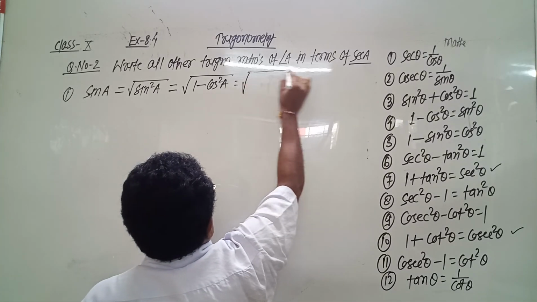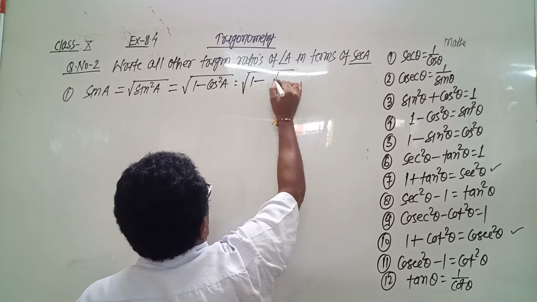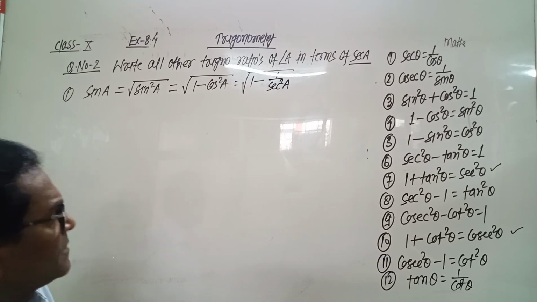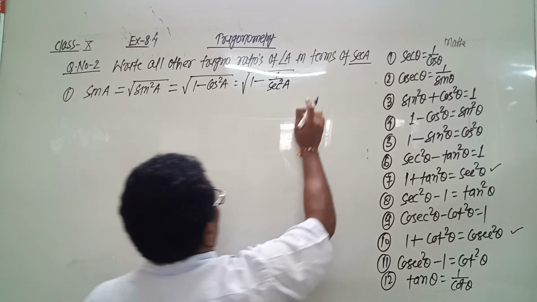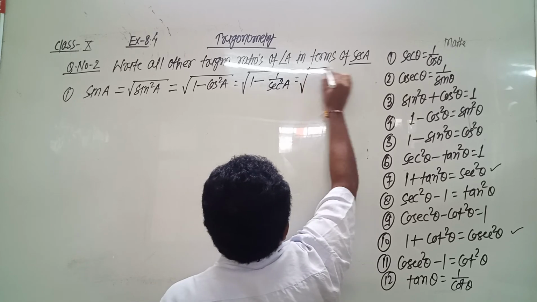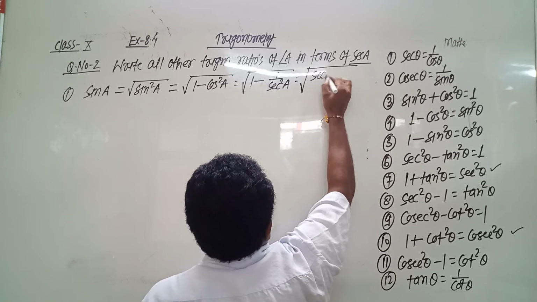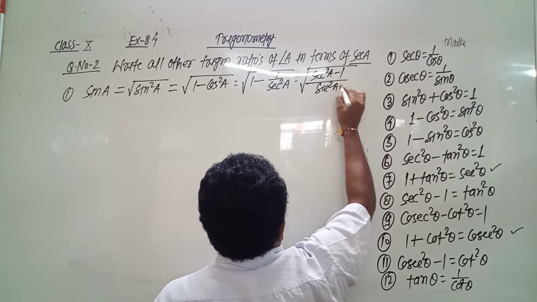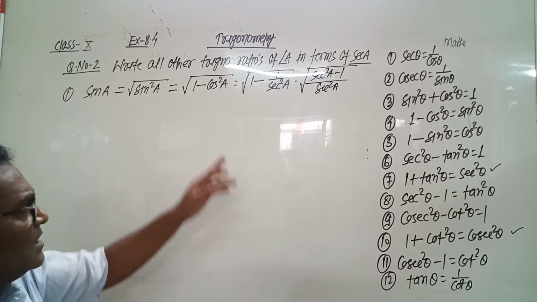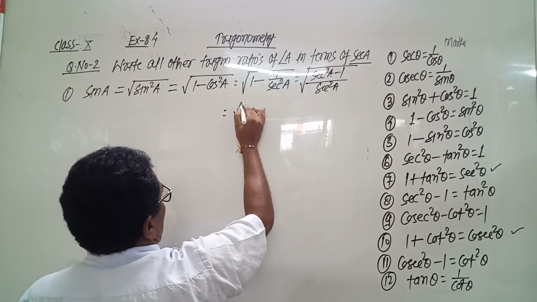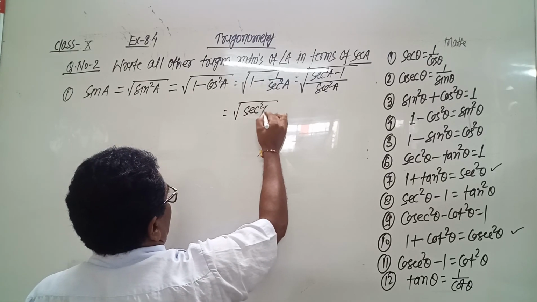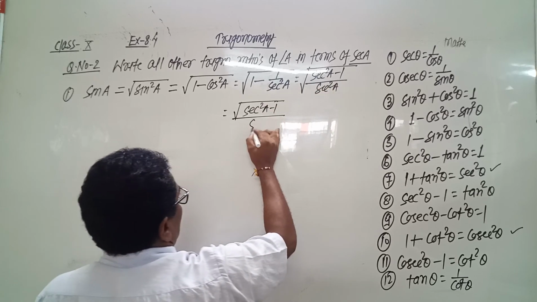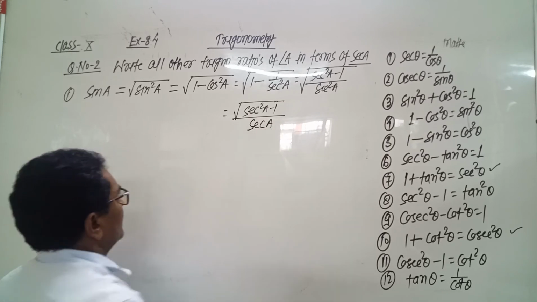So 1 minus cos square A is written as 1 minus 1 by sec square A. Then take LCM. So we get under root of (sec square A minus 1) upon sec square A. Then root over sec square A as it is, minus 1 upon, square and square root cancelled, and we get sec A in the denominator.